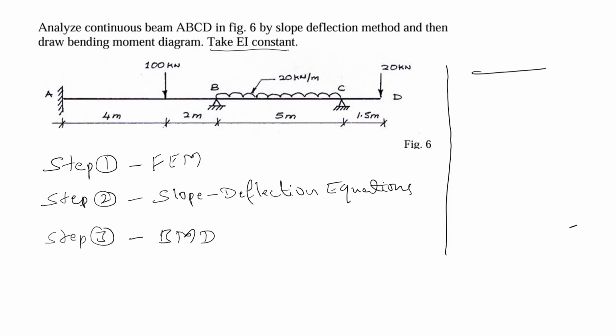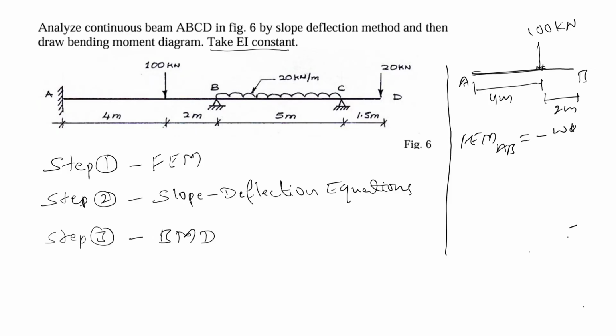For span AB, between A and B, there is a point load of 100 kilonewton. From A to the point load there is 4 meter, then from the point load to B is 2 meter. Fixed end moment for point load, the formula is minus W a b squared divided by L squared.